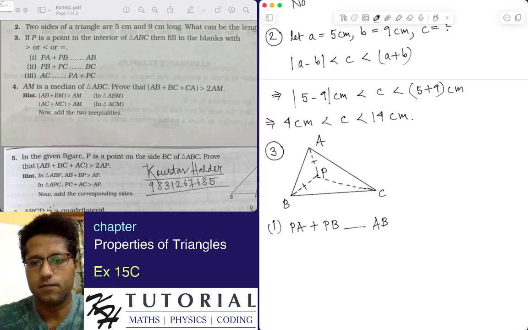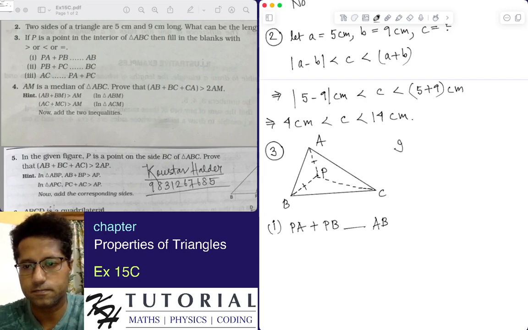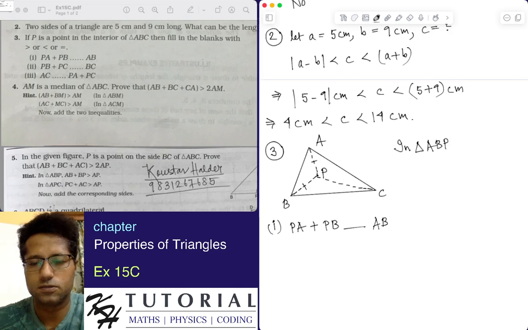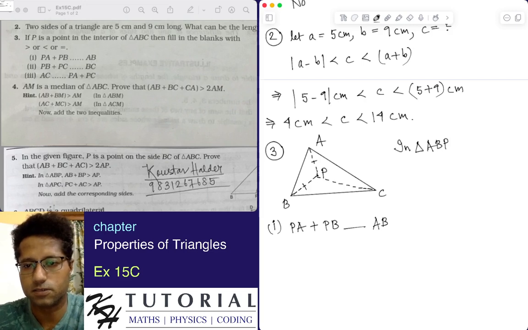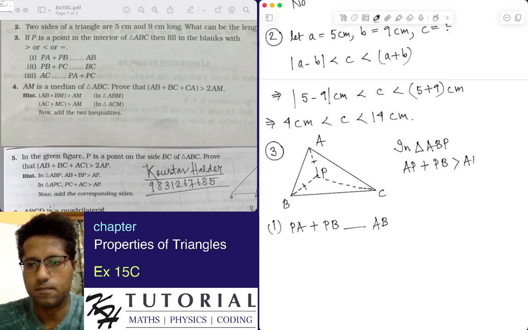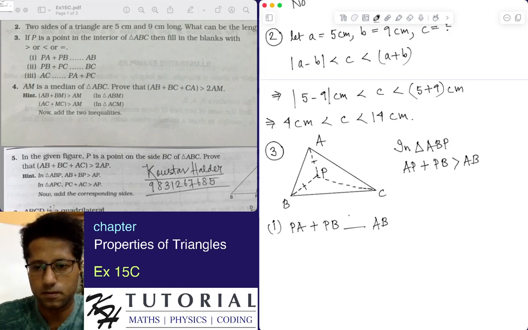Definitely in triangle ABP, the sum of the lengths of two sides AP and BP must be greater than the third side, that is AB. So AP plus PB should be greater than AB. So this must be the greater than sign.